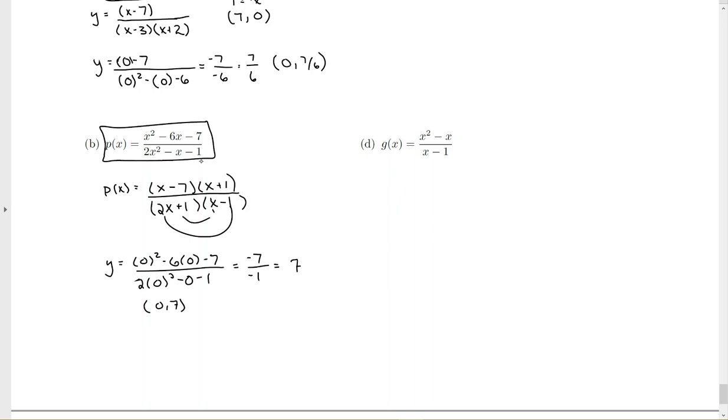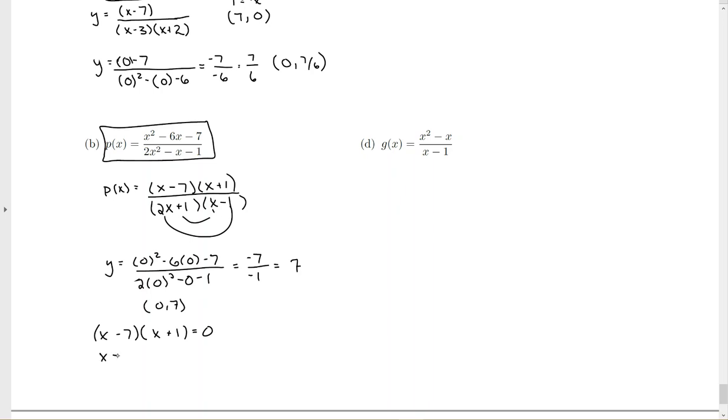Then go back to the numerator, set it equal to 0 to find the x-intercept. So for my x-intercept, well, I've already factored that, so let's just use that. x minus 7 times x plus 1 equals 0.